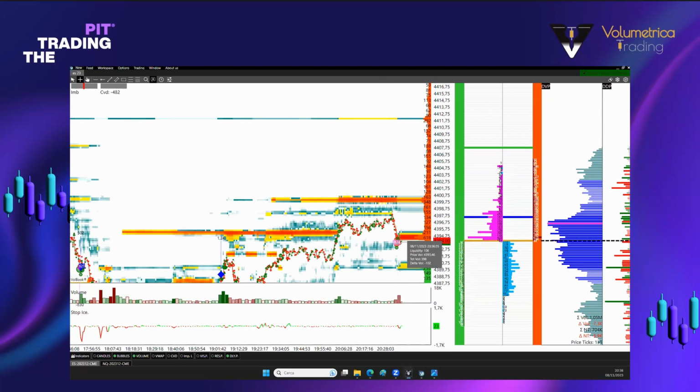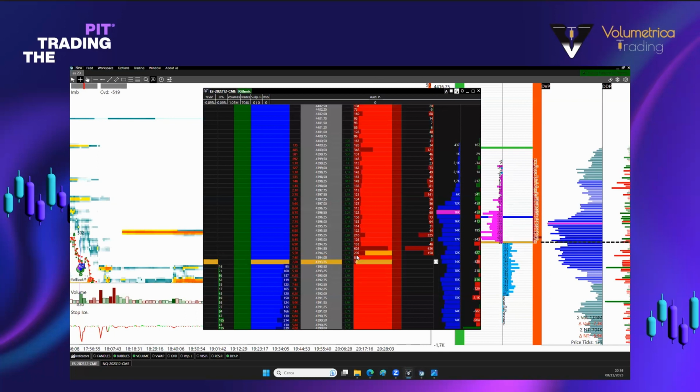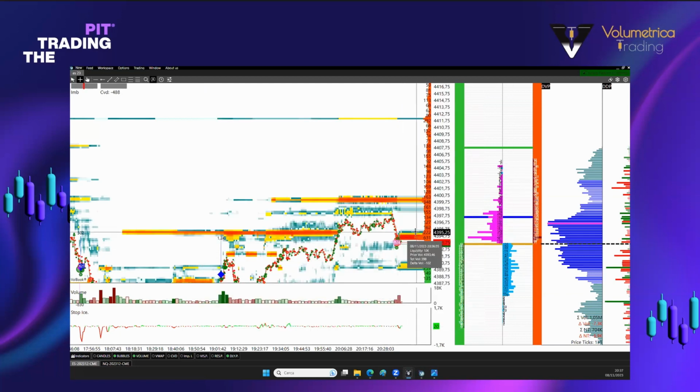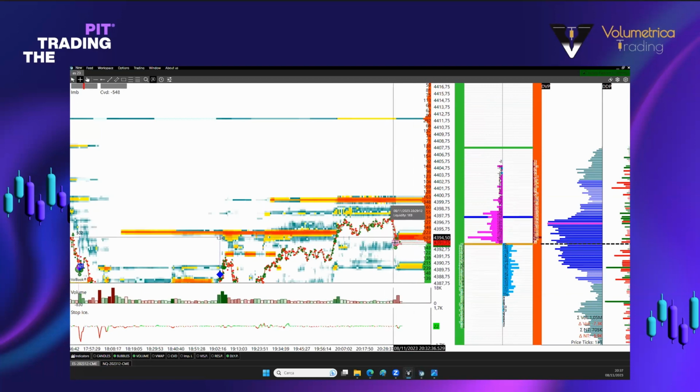Where does this come from? Here it is. That's huge, actually. That's over 625 contracts. What does this mean? That means sellers are strongly defending the down move.